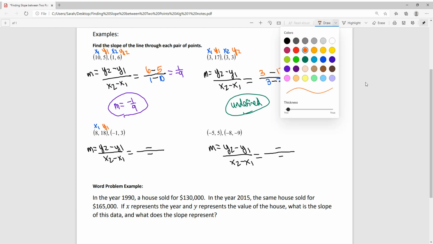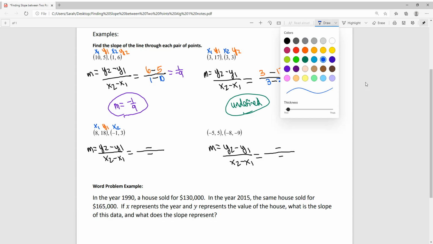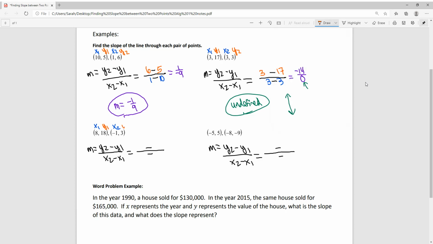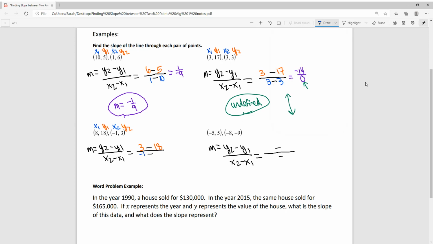For my second point, x2 is negative 1. y2 is 3. So let's plug things in where they go. y2 minus y1 is going to look like 3 minus 18. And then down in the denominator, x2 minus x1 is going to look like negative 1 minus 8.